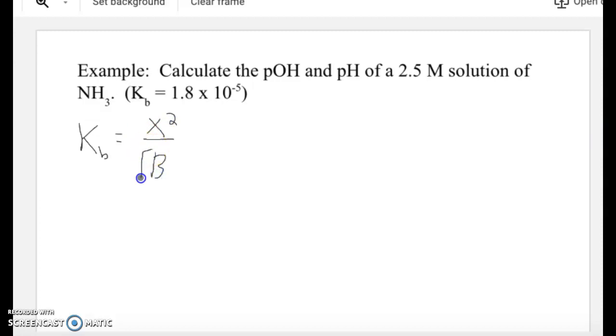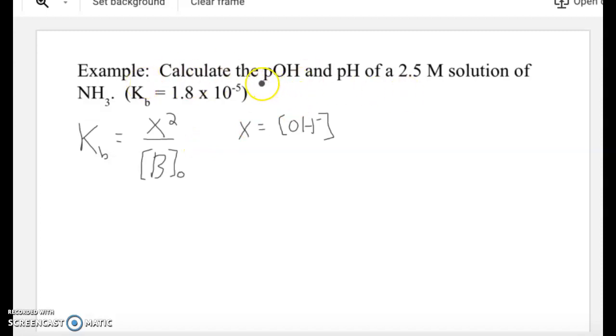We're just going to represent that with B with the subscript 0 to represent the initial conditions. Now again, like I said in the notes, the key difference here is that when we find x, it's going to be our hydroxide ion concentration. Just make sure we're really clear on that with this Kb expression right there.